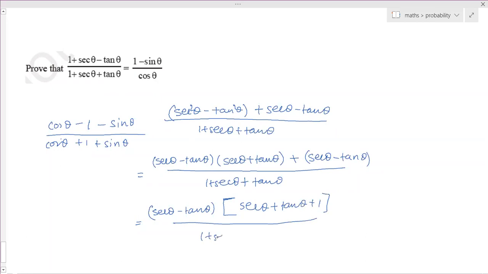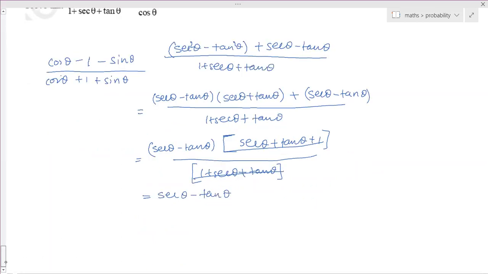Denominator 1 plus sec theta plus tan theta. You can cancel out the brackets, and then you'll be left with sec theta minus tan theta. Substitute it with sin and cos. 1 by cos theta minus sin theta by cos theta. Subtract them. 1 minus sin theta by cos theta.